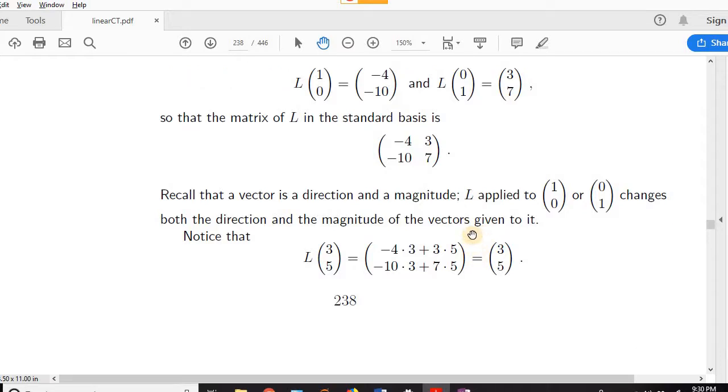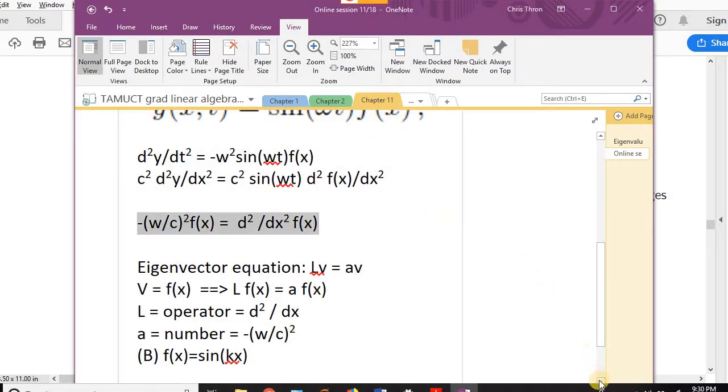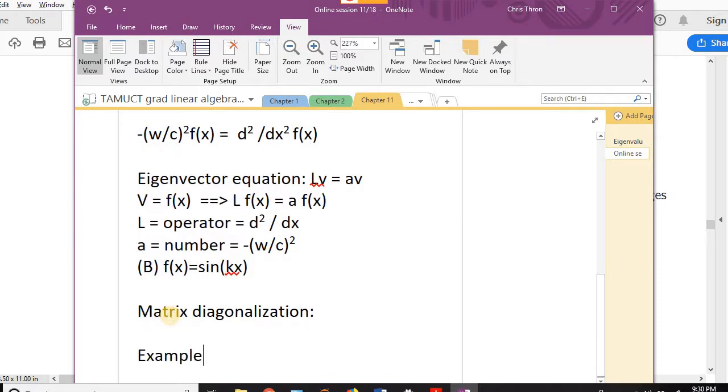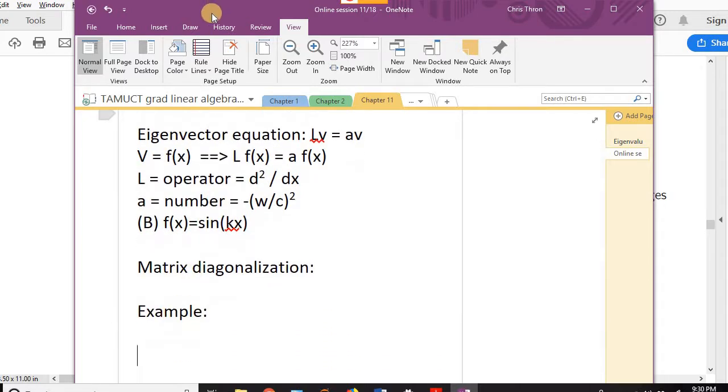Let me screenshot it so we can get this here. Let me just say something about matrix diagonalization example, and then screenshot this.